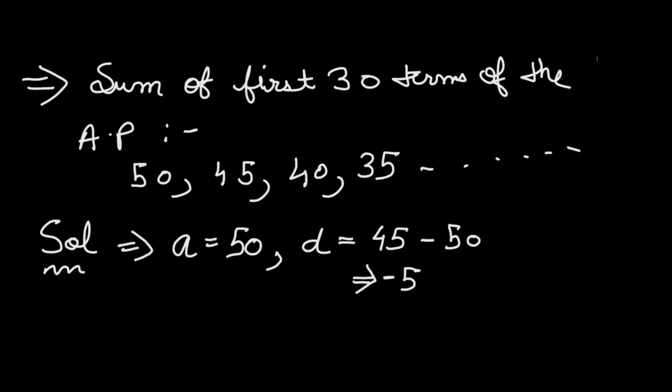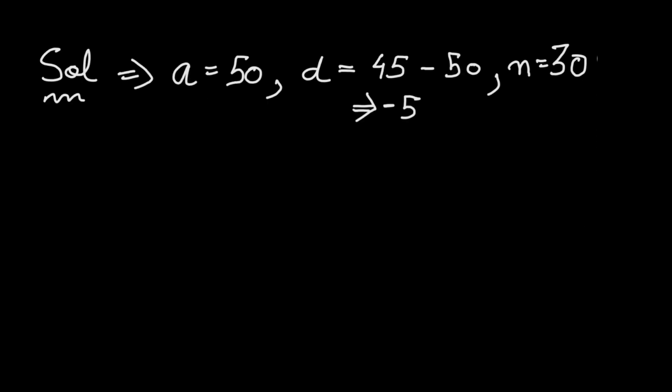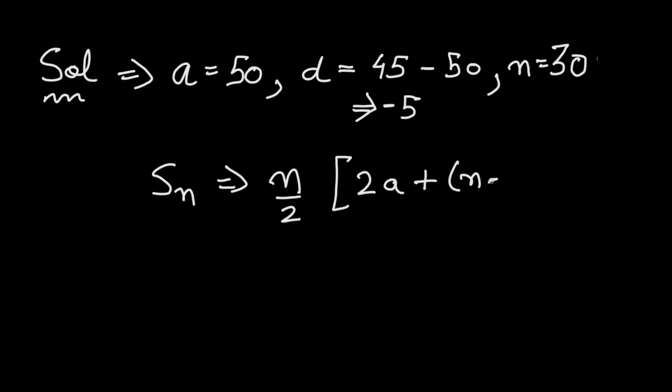So here they want us to find the sum of the first 30 terms of the AP. So it means the number of terms is already given, which is 30. So this is really easy to find because we can use the sum formula directly because we have all the values. n by 2 times (2a plus (n minus 1)d).